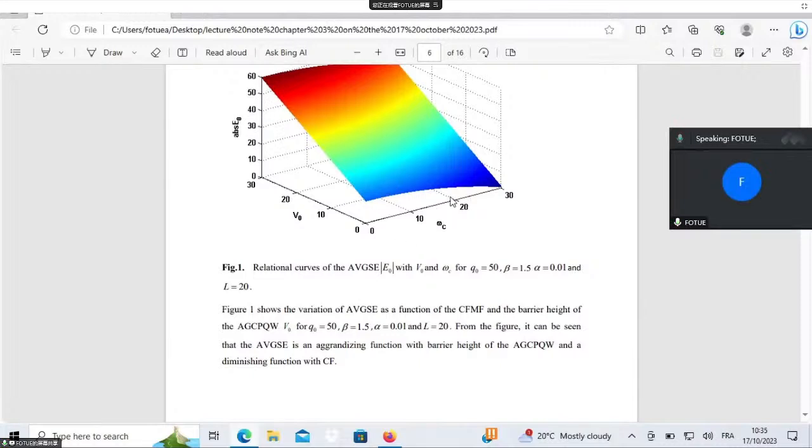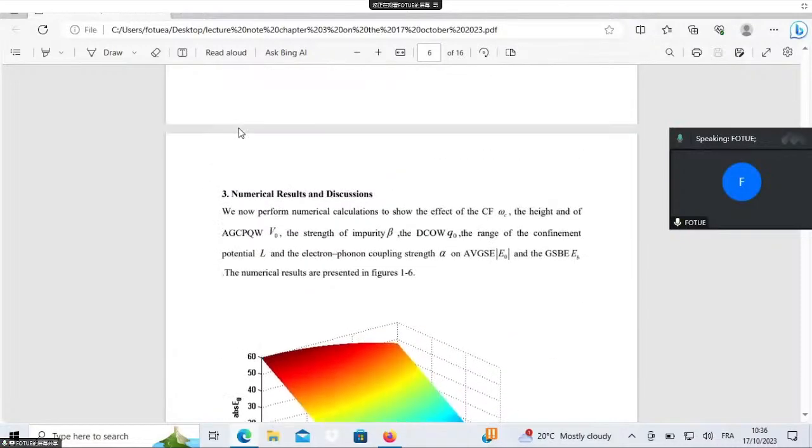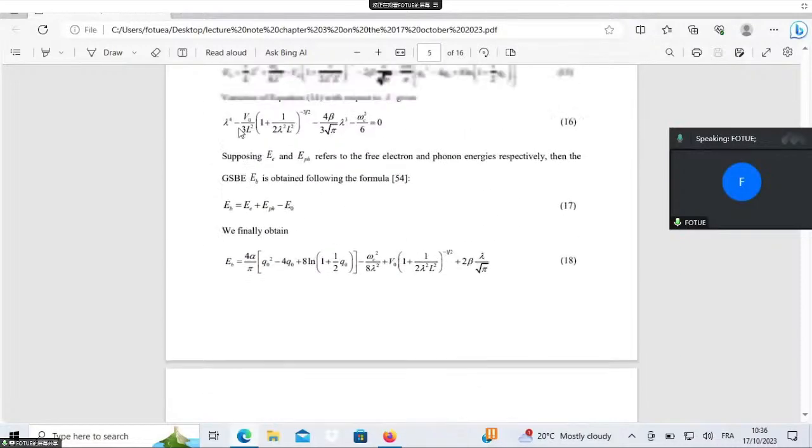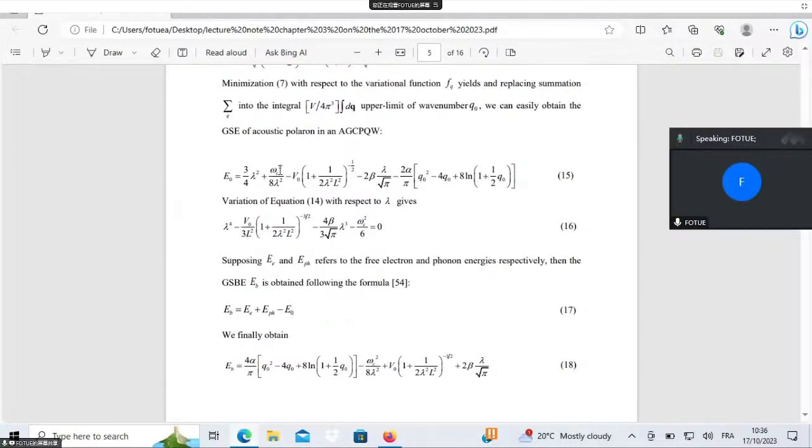We can also see from here that as the cyclotron frequency WC increases, we have a reduction of the absolute value of the ground state energy. This can be seen even from this observation.